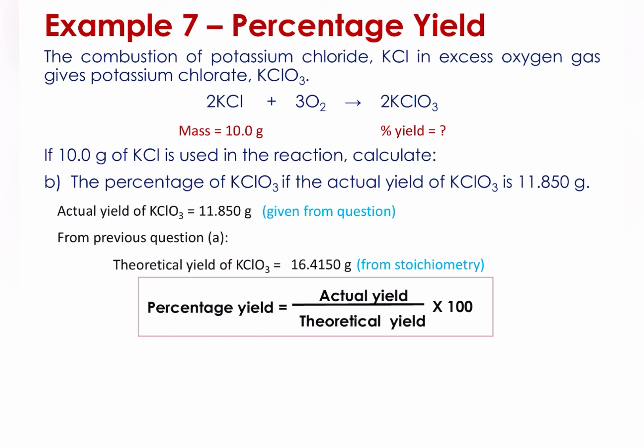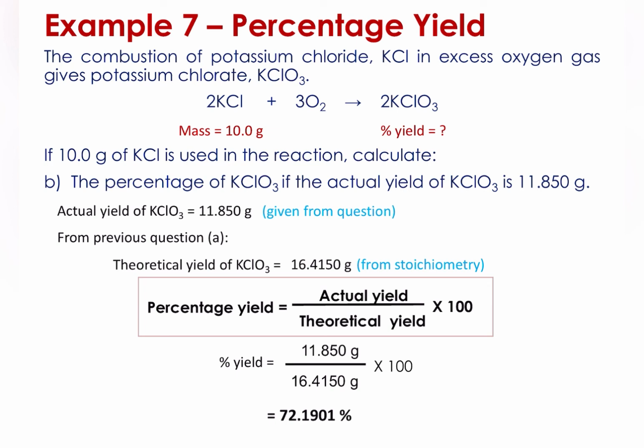So just put the value: percentage yield equals actual yield, given 11.850 gram, divided by theoretical yield 16.4150 gram, times 100%. So your answer is going to be 72.1901%. So this is your final answer.